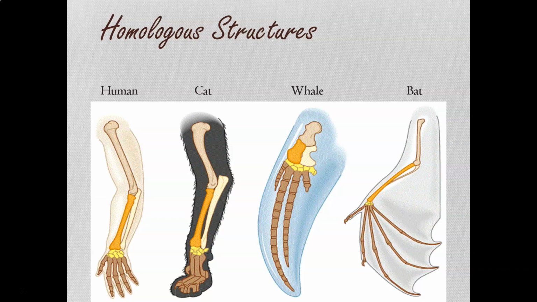And as we moved into different environments, and we started speciating, we started becoming our own individual species, adapting to those environments that we were living in, changes occurred within these different structures. But the underlying foundation of this forelimb came from our common ancestry.